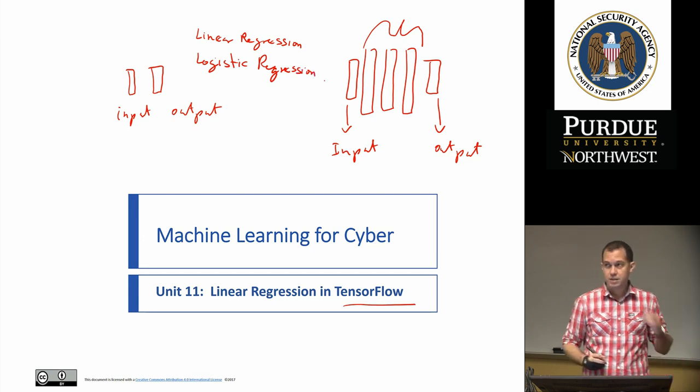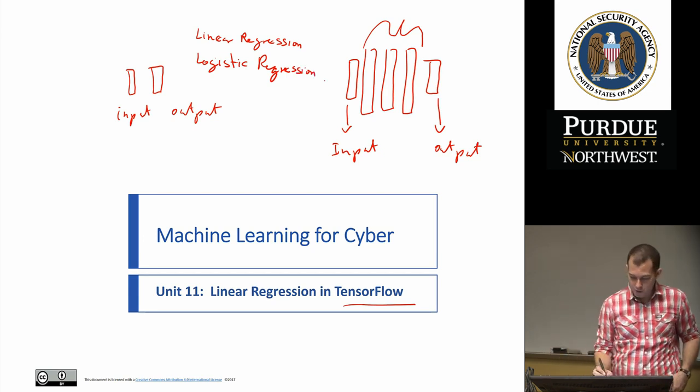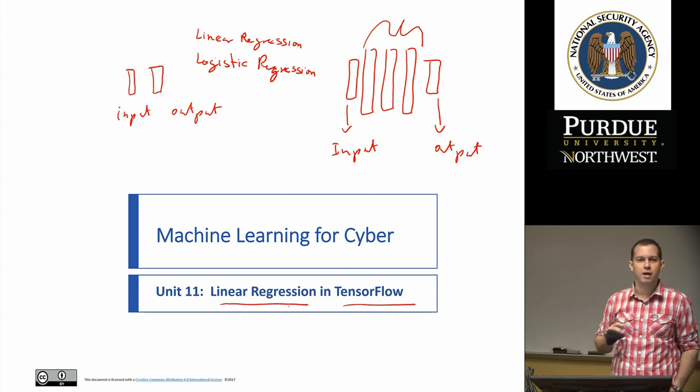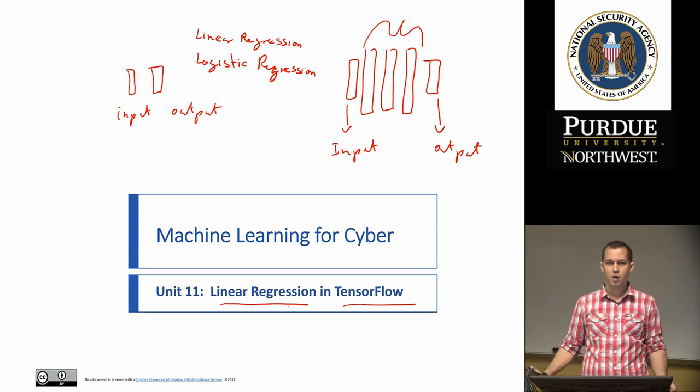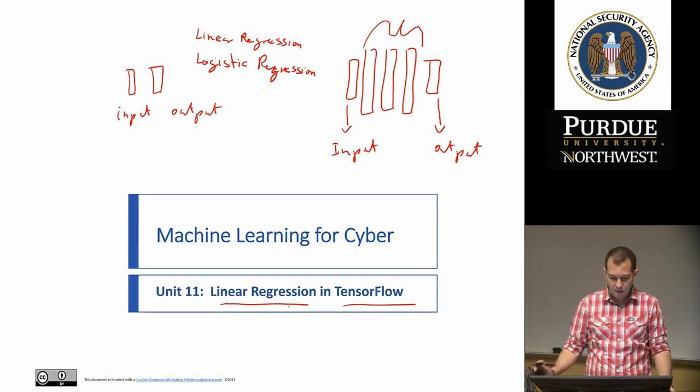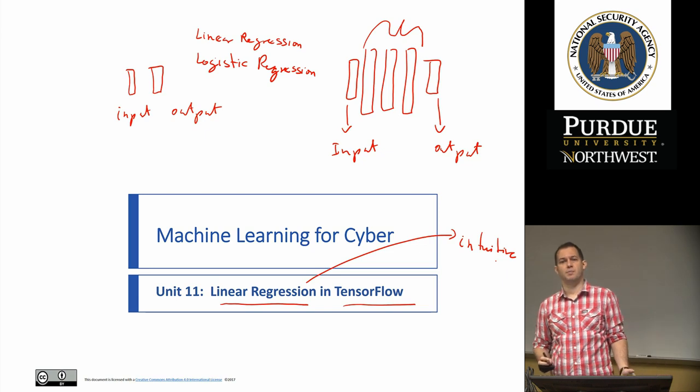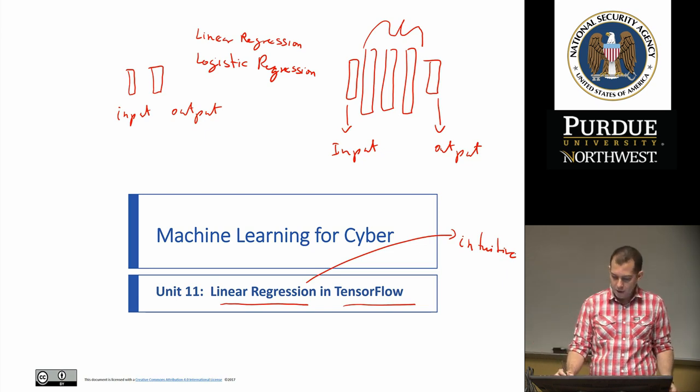Right? So in this discussion today, we are going to focus on the easiest algorithm that we can implement, which is linear regression. Linear regression is a very good algorithm to start with TensorFlow, because it is very intuitive, and it shares all the basic building blocks with the other algorithms.